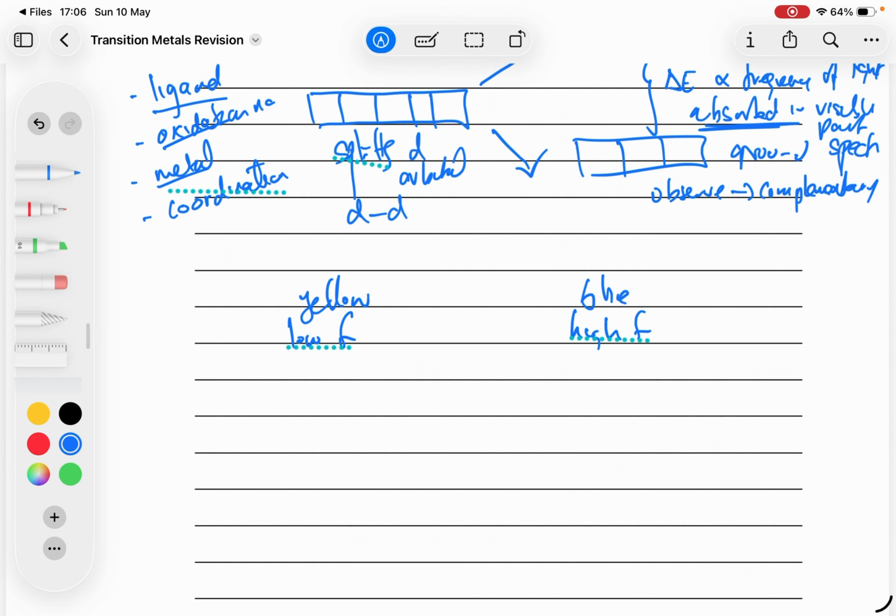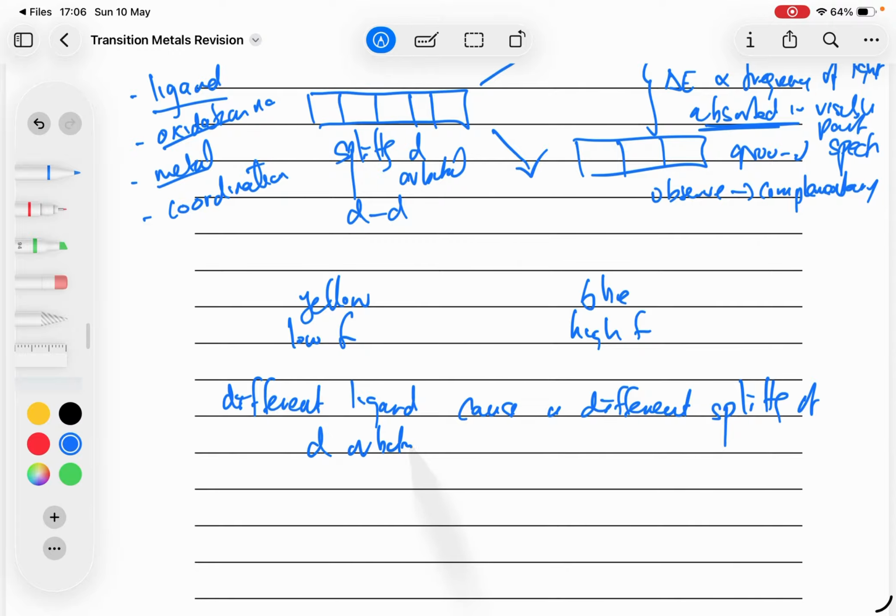So what we will say here is different ligand causes a different splitting of the d orbitals, with a different energy gap.